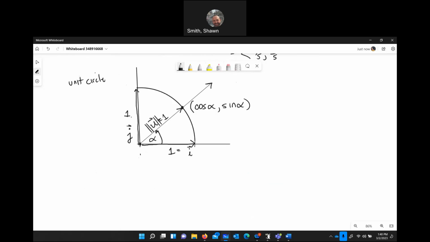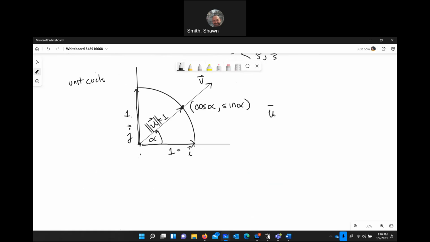This is my vector v, however long it is. We said any vector can be rewritten in terms of i and j, right? So the unit vector right here has components a comma b. You want to think of it that way as well, where they're the same as the point cosine, sine, right?